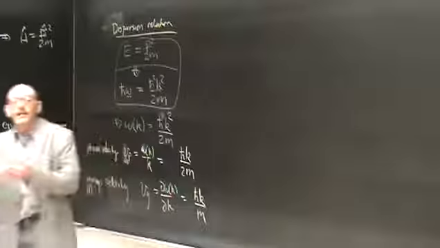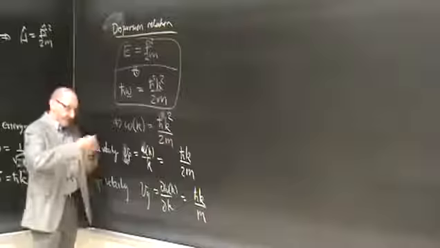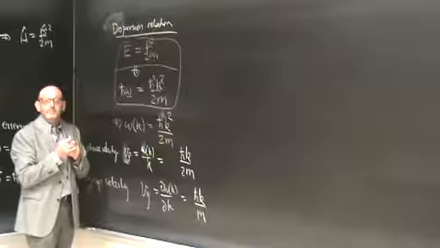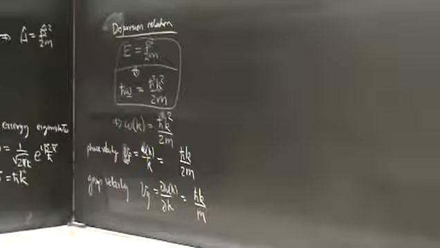And because of that, if you have a wave packet, which has some spread in momentum, it will disperse. You're finishing up your homework on that problem, if you haven't already done that. Any questions?